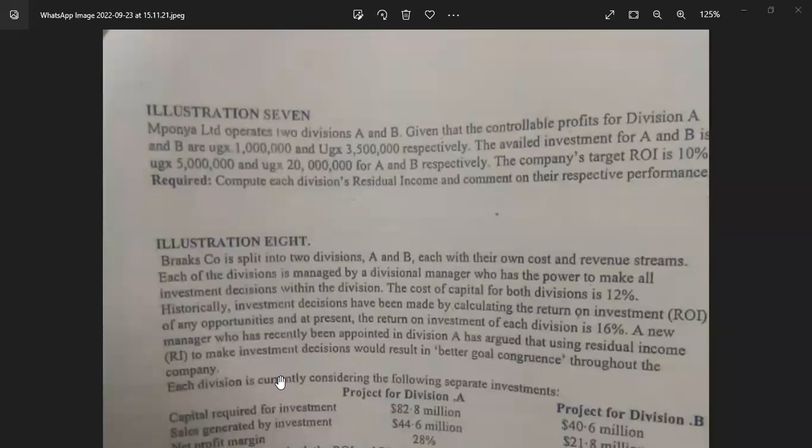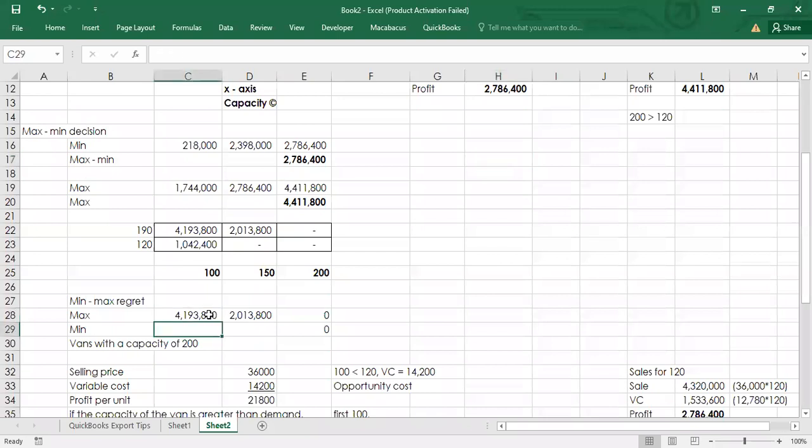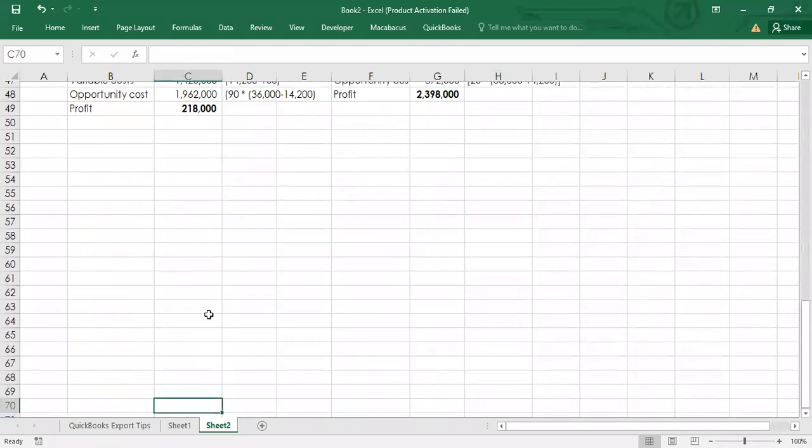Of course, in this case, you're supposed to just know the formulas. If you know the formulas, then there's nothing to worry about.